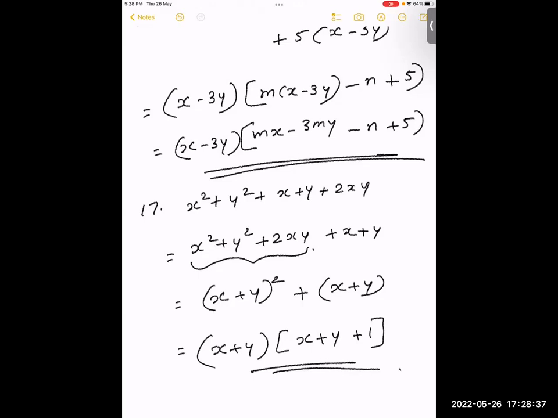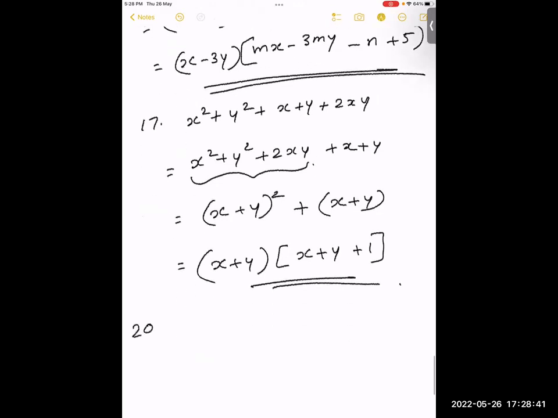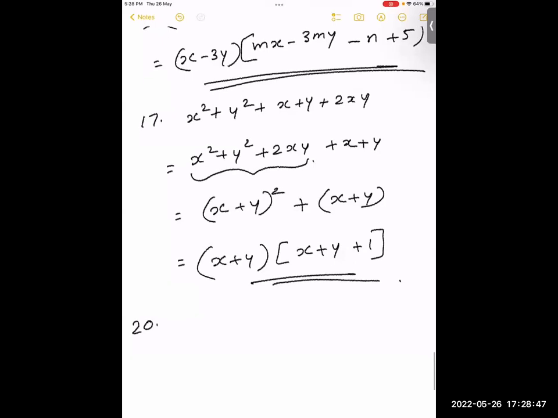One more question and then I'll wind up. 20th question. If any of you are not getting it clearly, please do ask me, I can explain it. It's x into 6x minus 5y minus 4 into 6x minus 5y the whole square. This is very simple. Anyway, you do it.